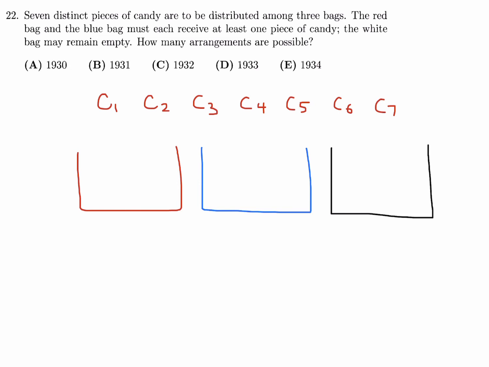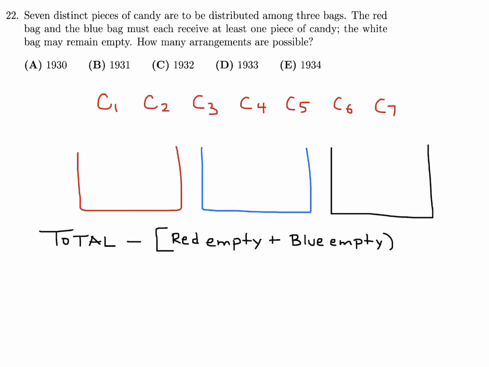Okay, so we have to look at this in a different way. The way I'm going to look at this is, first I'm going to figure out the total number of ways to do this without any restrictions. And then from that I have to subtract the cases where the red bag is empty, and I'll explain this, and the blue bag is empty. So let's explain this first and foremost.